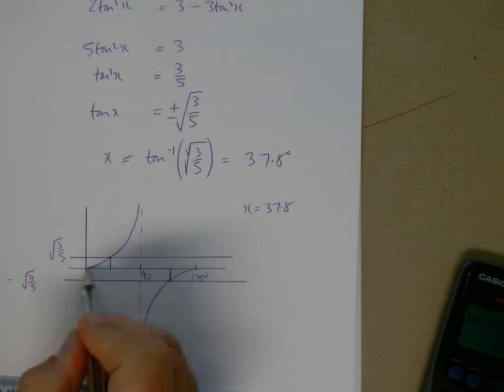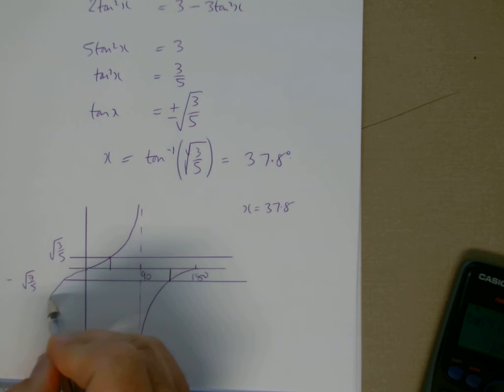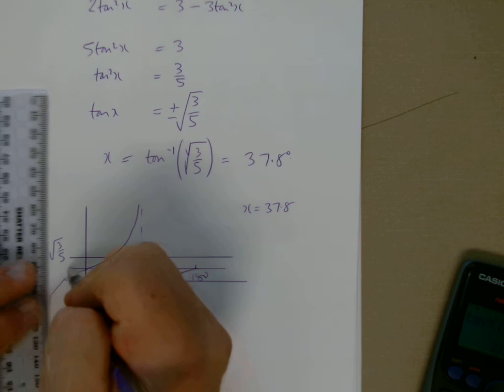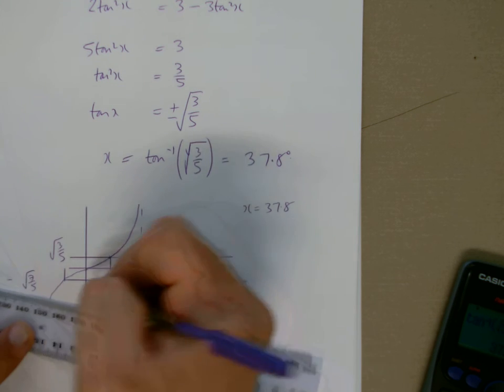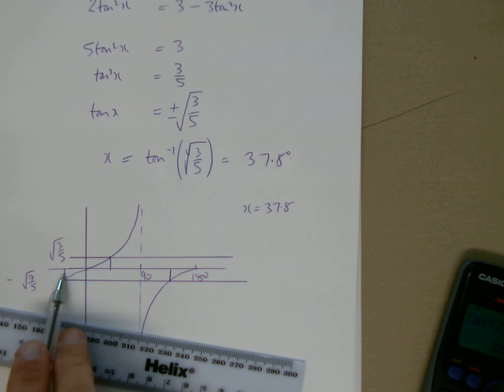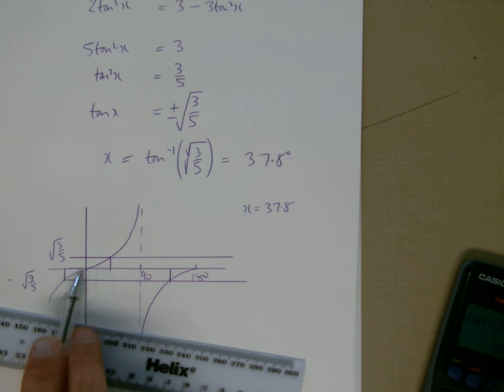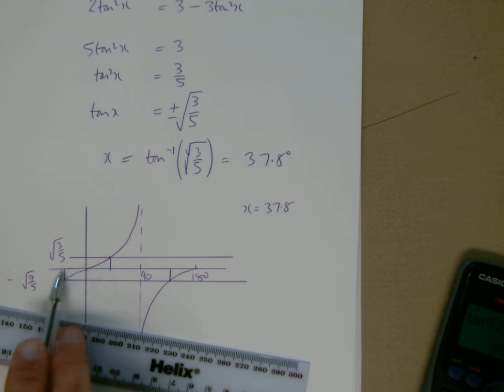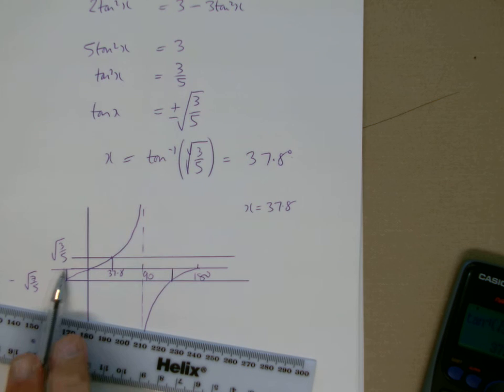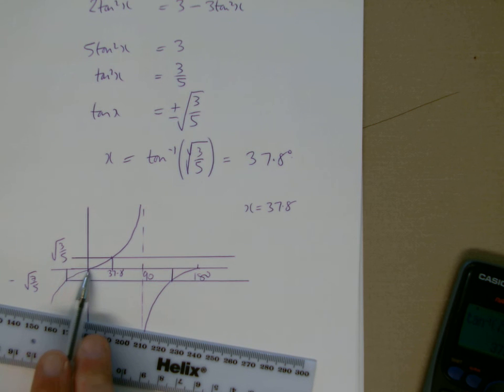But if I continue this graph, like that, you'll realise then that that would be minus 37.8, wouldn't it? Because if that's 37.8, that will be minus 37.8. Think about the symmetry here. So in a way, you're working back from 0, minus 37.8.